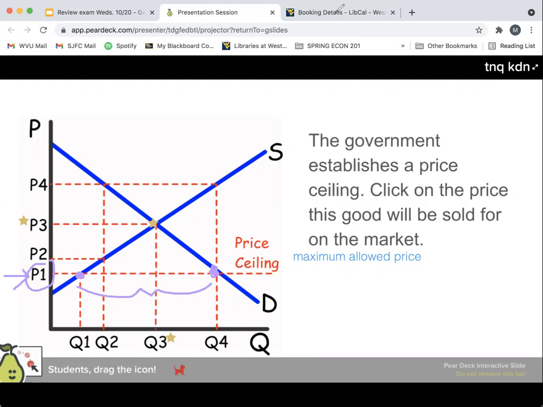So price ceilings can be a good thing. It can protect consumers from the price of any one good skyrocketing too high, all right? So it protects consumers from producers taking advantage of any kind of consumer in a certain situation.